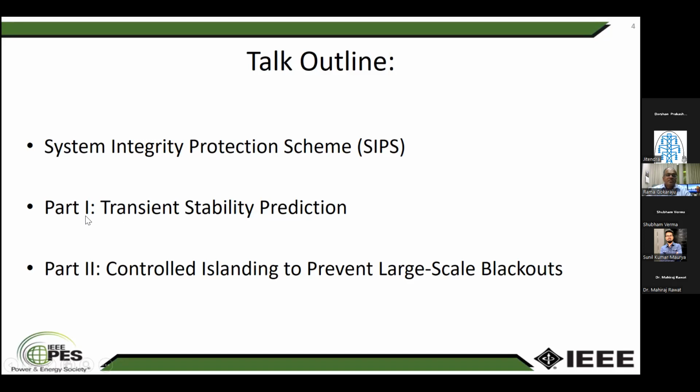The next one is going to be part 1, the transient stability prediction part. This was a work I did in collaboration with GE Digital Energy in Markham. And the second part of the presentation is on the actual intelligent islanding. That is what is given in the title. That is the controlled islanding to prevent large-scale blackouts.